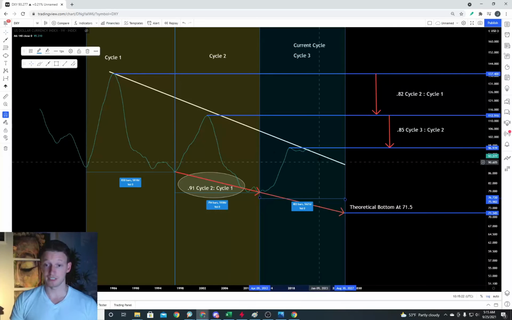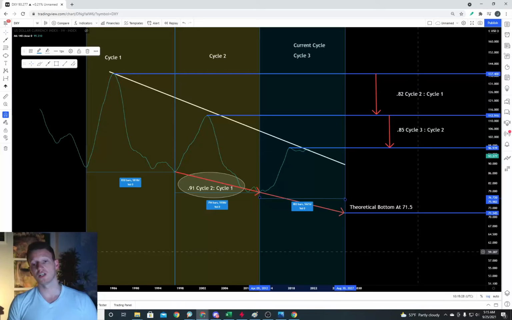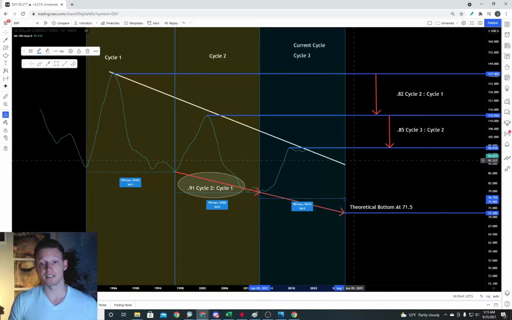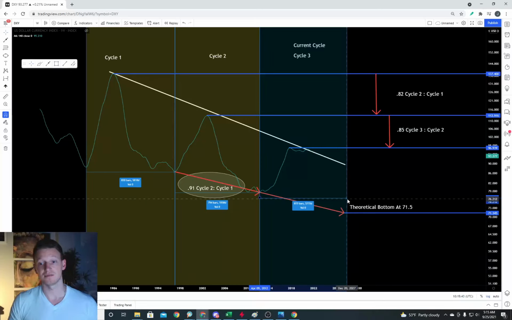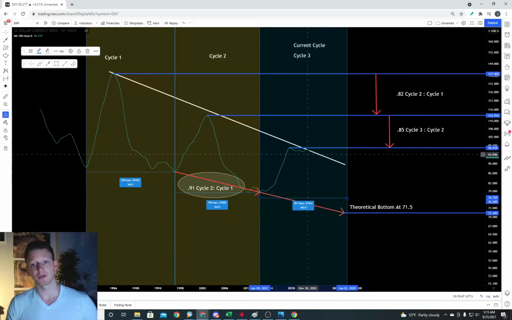So I also think this goes along with the speculation that we've made that this market cycle top is probably going to happen around 2022, early 2023. I do not believe 64,000 was the market cycle top.